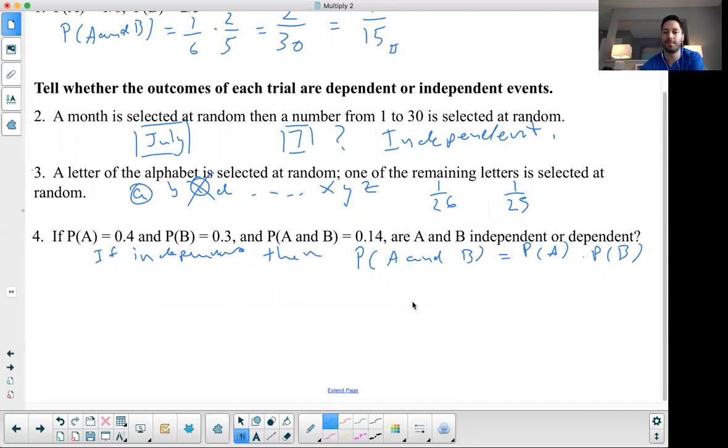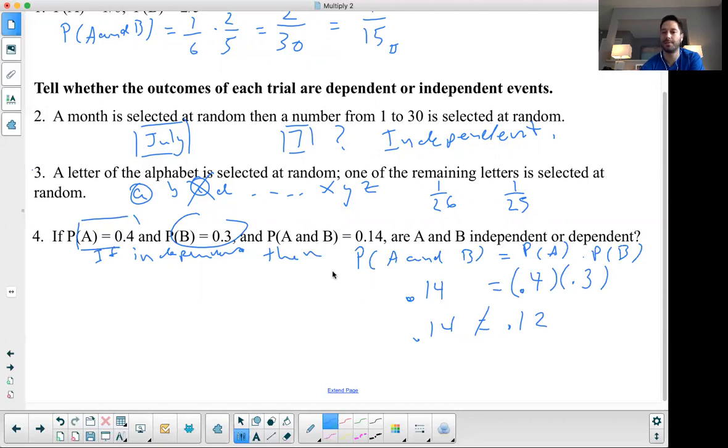Probability of A and B is 0.14. The probability of A is 0.4. The probability of B is 0.3. Well, this is 0.14, and this is 0.12. So 0.14 does not equal 0.12.